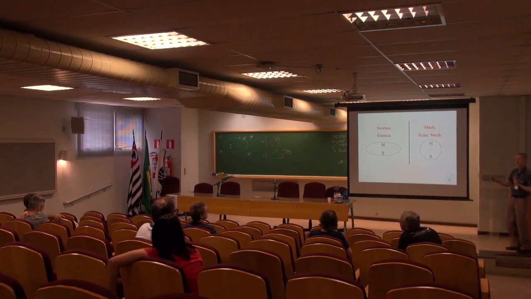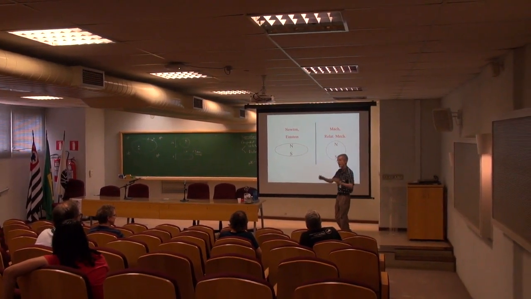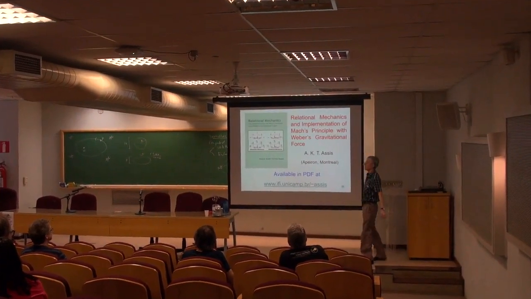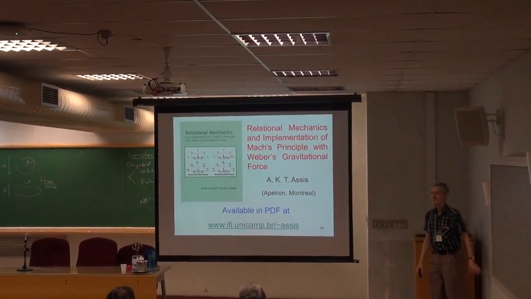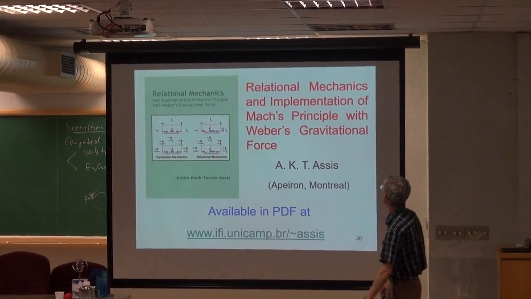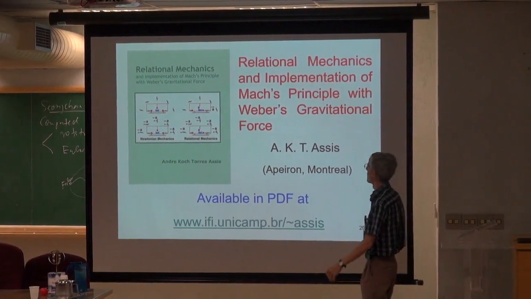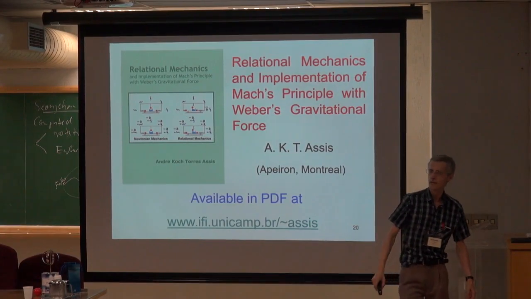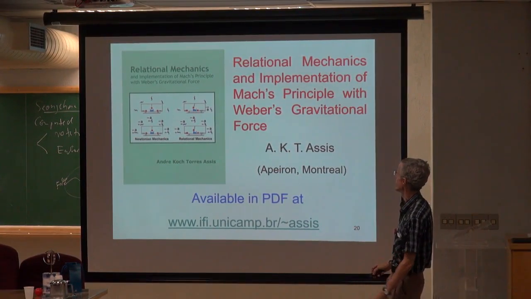Now, so I showed you the problems I'm dealing with, okay? Now, finally, I go back to my second greatest hero, Weber. That's the book which is with you, Relational Mechanics and Implementation of Mach's Principle with Weber's Gravitational Force, which is available on my homepage, in English and in Portuguese.